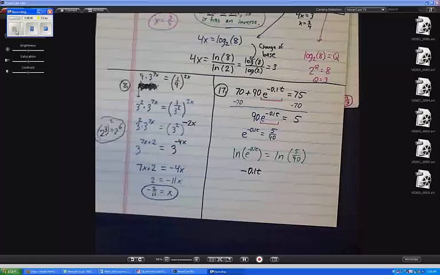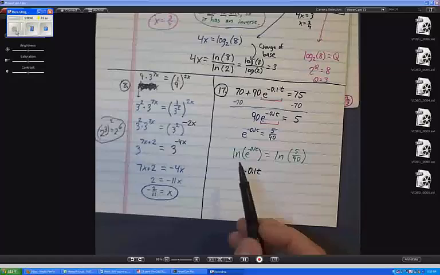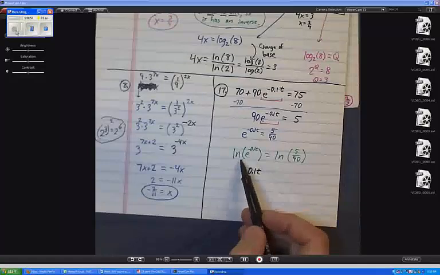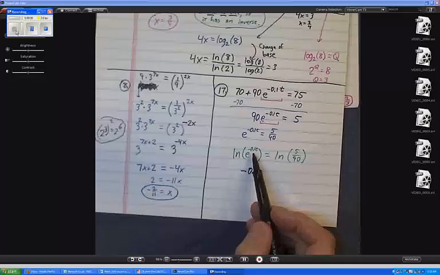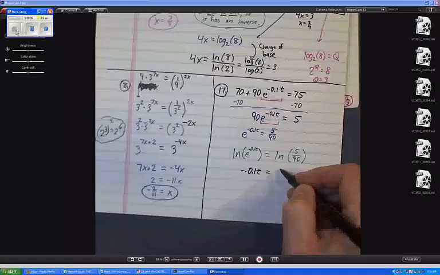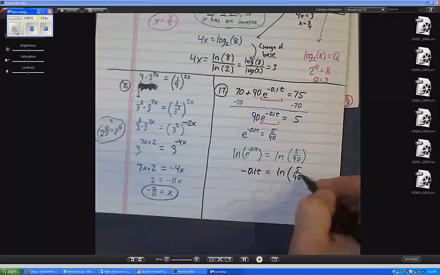Why do you bring it down? That is how it's going to happen. They undo each other, okay? It's because what a logarithm does is exactly brings down the exponent. It undoes the exponential function. So this equals the natural log of 5/90.